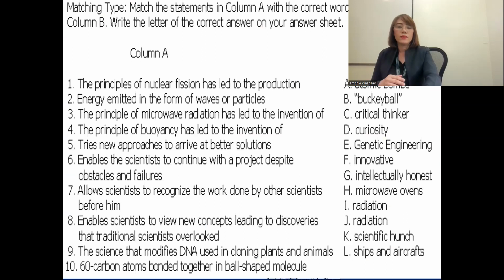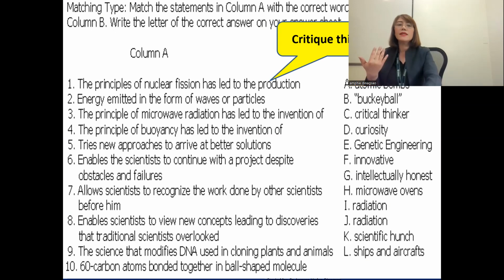Okay, so can you critique this test? You may pause the video and think about it. But if you say that there are repeating choices and this violates the number 1 guideline, which is that items should be homogeneous, then you are correct.